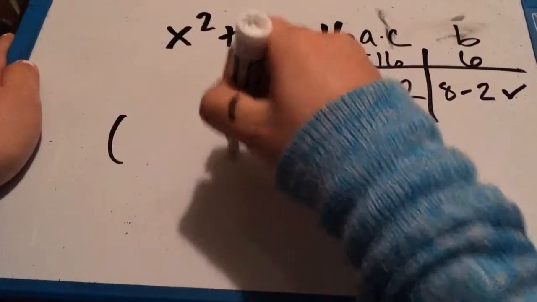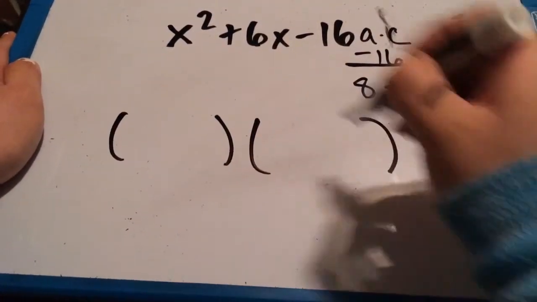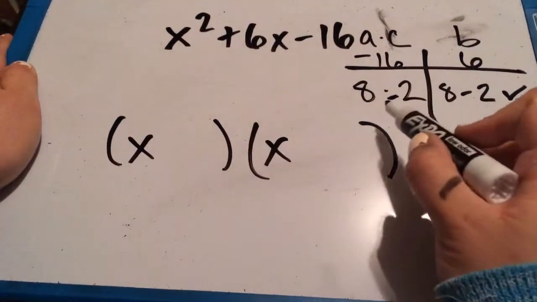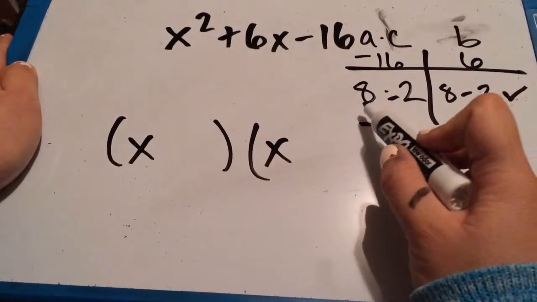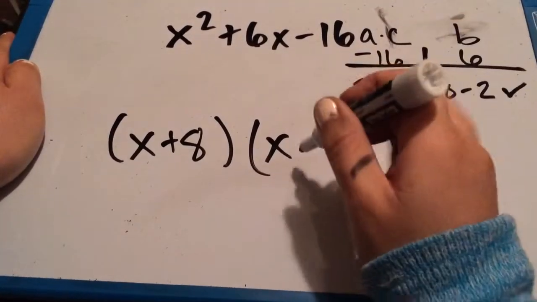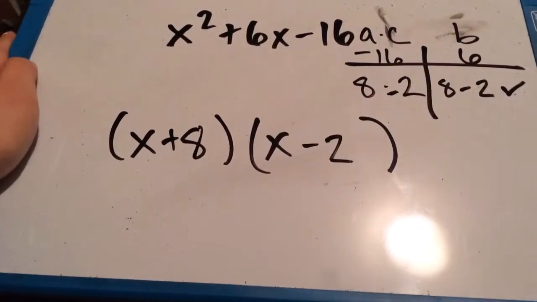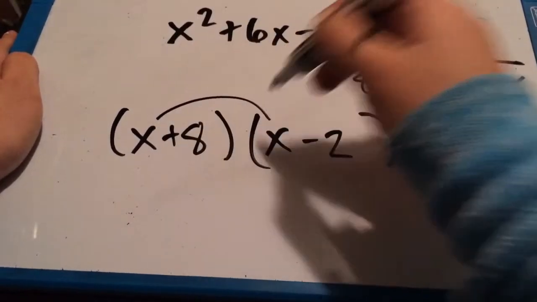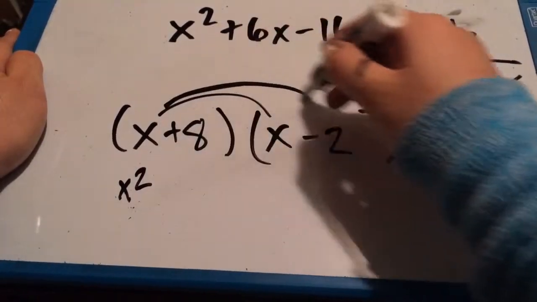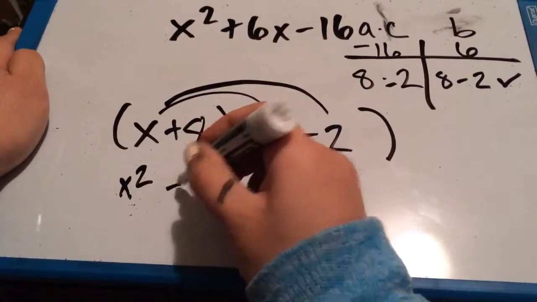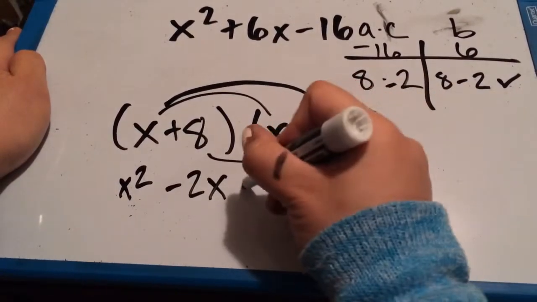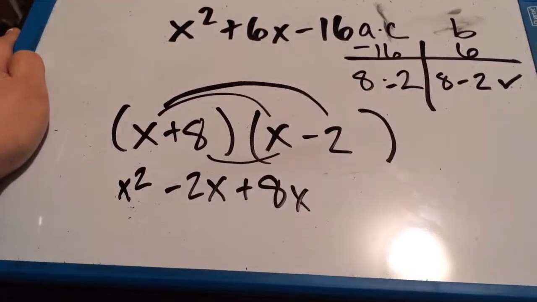So we draw our parentheses. The first terms are x, and then our t-chart tells us what the other two are. This is a positive 8, so we put plus 8, and then this is a negative 2, so we put negative 2. And now we can check it by FOILing. x times x is x squared. x times a negative 2 is negative 2x. 8 times x is a positive 8x.